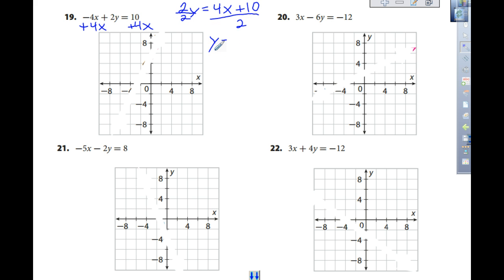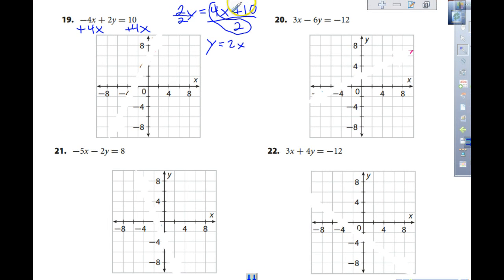We have y equals 4 divided by 2 and 10 divided by 2. And you can go up 2, right 1 or down 2, left 1. Either way, it's the same thing.